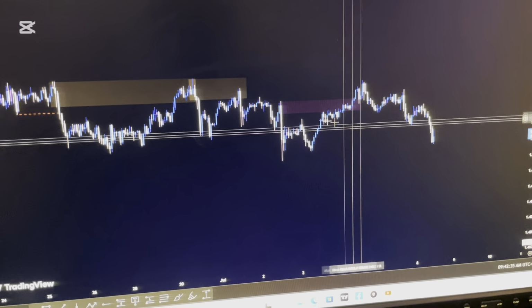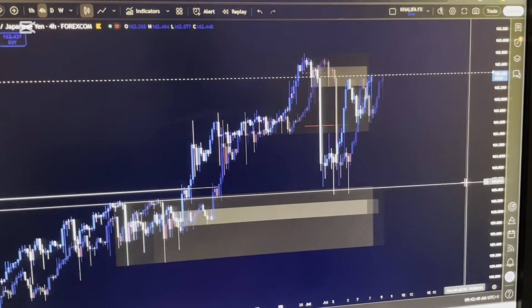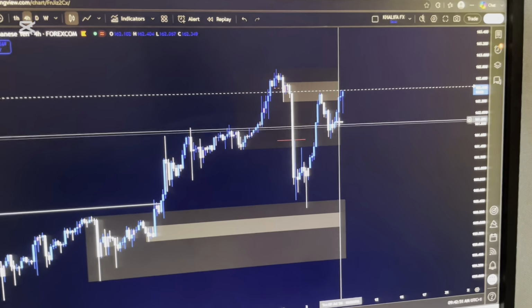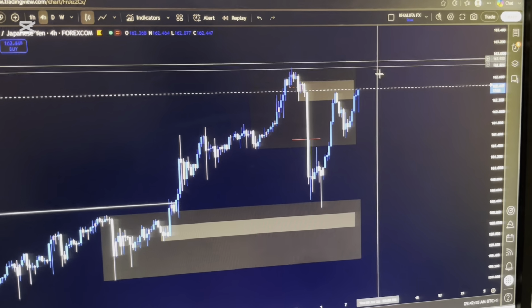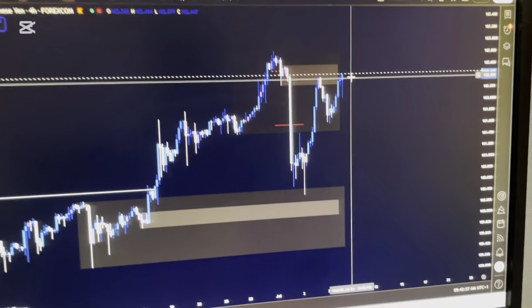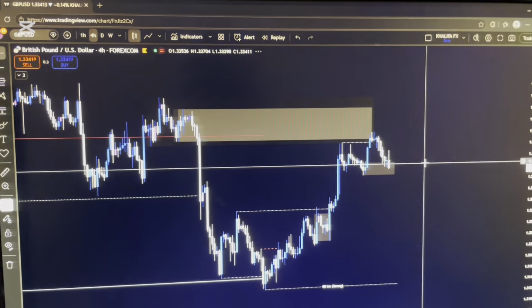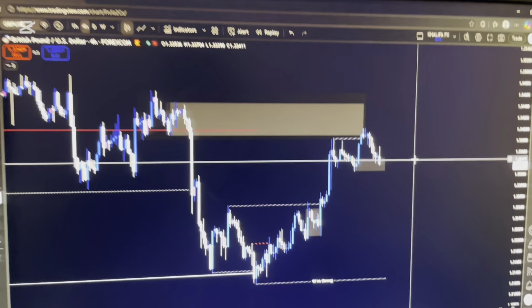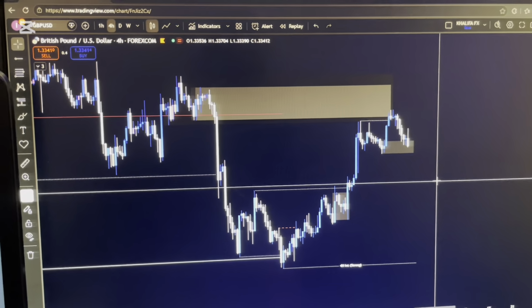So I think that's the USD I'm looking to sell, but this bullish momentum is still high, so I'm waiting for it to dull down. Let's see if it can sweep this one and give another confirmation, or it will give one here. I don't know. And then GBPUSD, similar thing. If price breaks here, then I'll be able to take a sell trade to the downside, right?